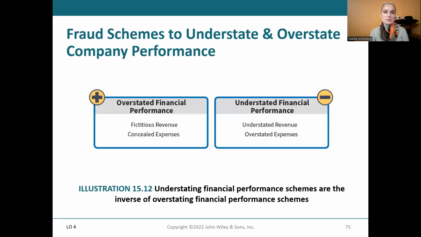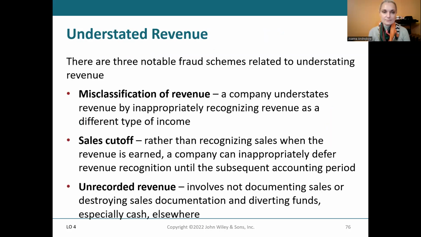So, fraud schemes to understate or overstate company performance. For overstatement, you have fictitious revenue and concealed expenses. On the other side, to understate financial performance, you will understate revenue and you will overstate expenses. So they're flip sides of basically the same coin.